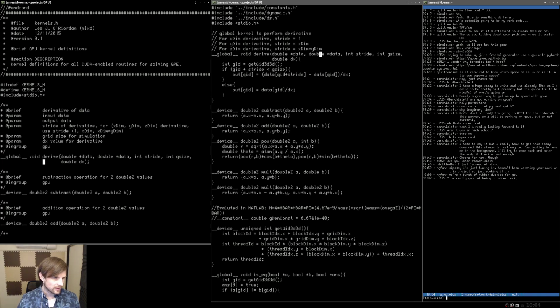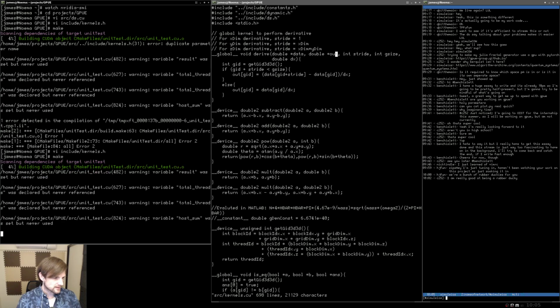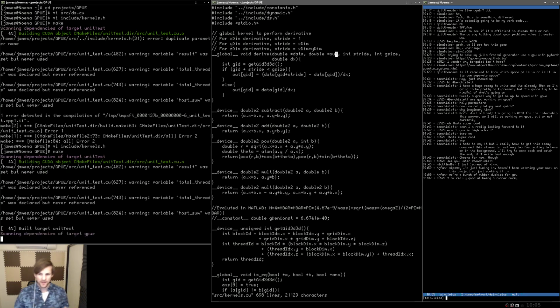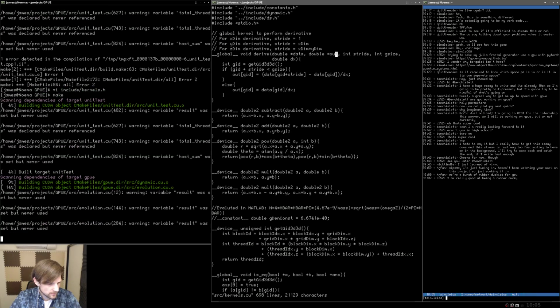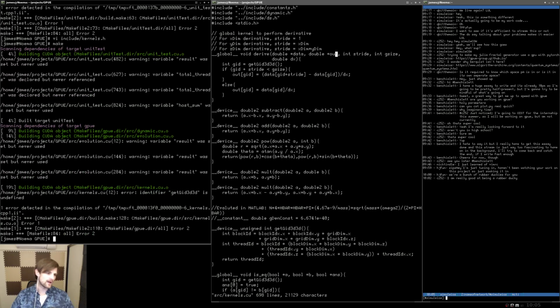I should have done input. These are data and out, not data. And here I'm going to have to do the same thing. Okay, give that a second to make. And then we have the derivative kernel kind of ready to go. And we'll go ahead and try that with the angular momentum step and see what happens.